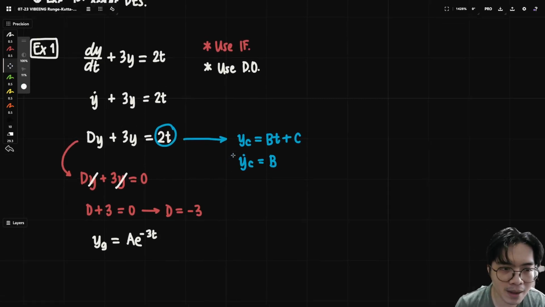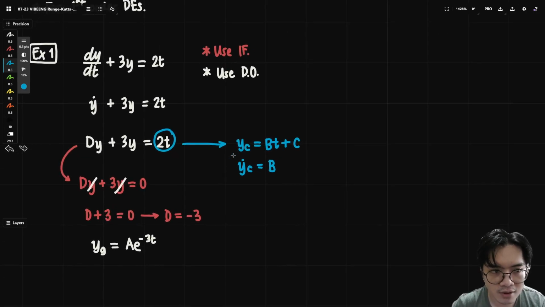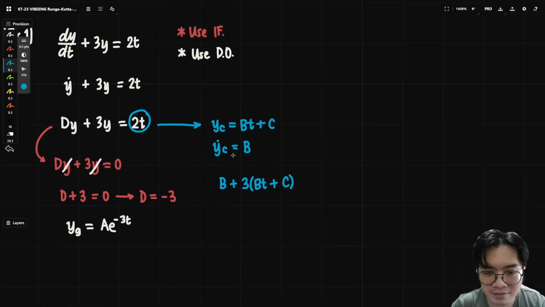And so, if ibabalik natin siya dito sa ating equation here, we will get, right? Y prime, or y dot plus 3y is equal to 2t, edi lalagay lang natin lahat. Y dot is just b, right? Plus 3 times y, which is 3 times bt plus c is equal to 2t.